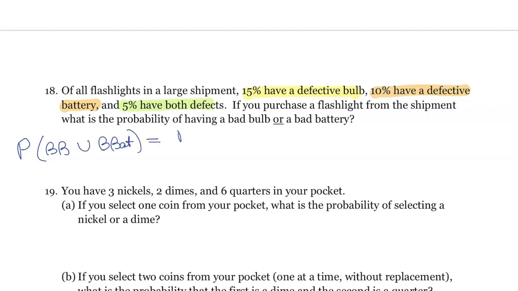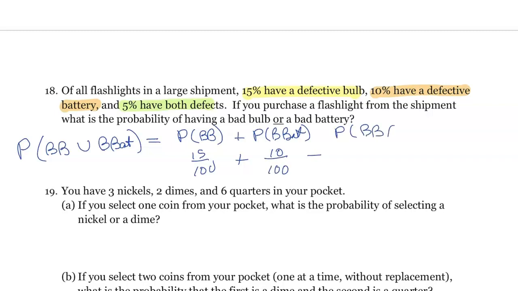So that's going to equal the probability of bad bulb, which is 15%, so that's 15 over 100, plus the probability of a bad battery, and that is going to be 10%, 10 over 100, minus the probability that it has a bad bulb and a bad battery.